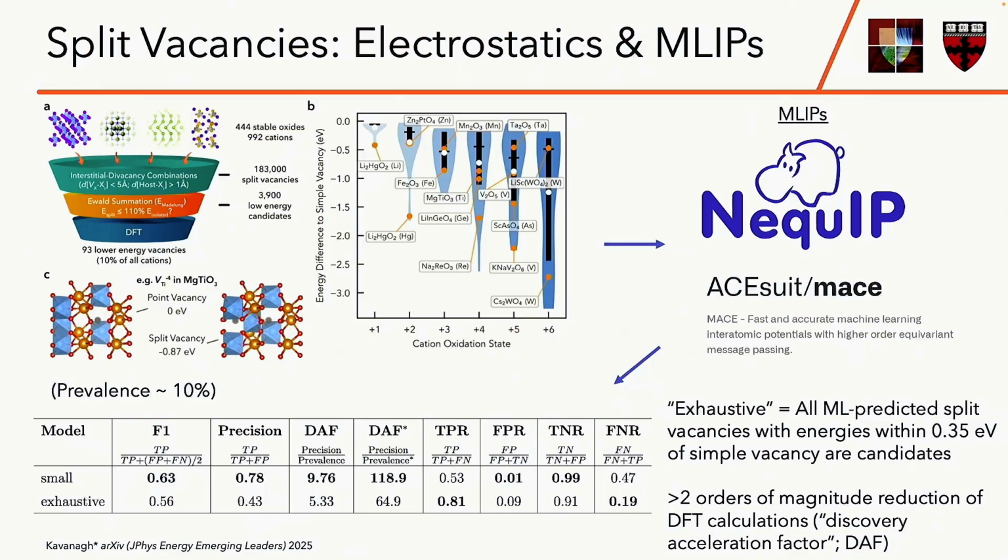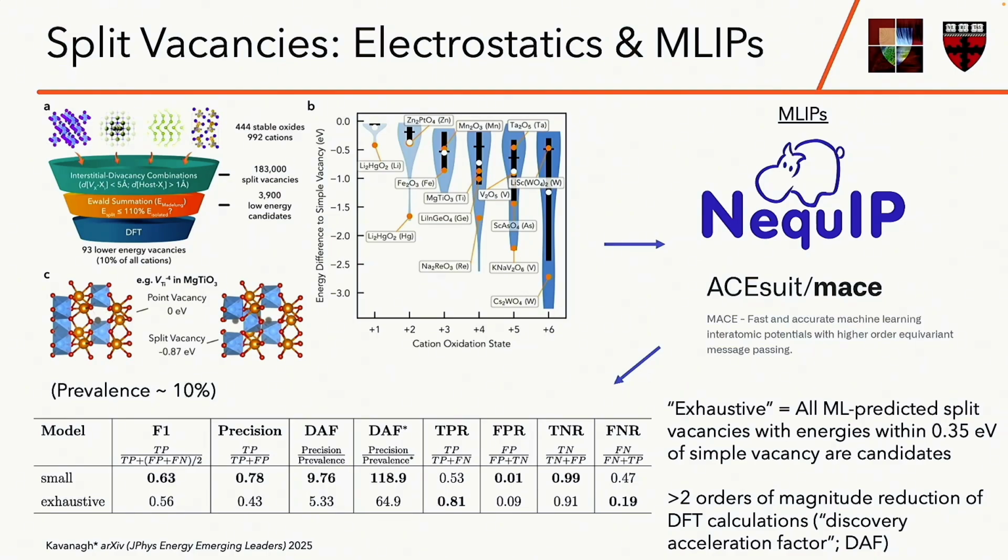It's just electrostatics with some strain effects and having minimal covalent bonding contributions or charge localization. So this suggests that machine learning interatomic potentials, which are trained on large data sets of DFT calculations, could be sufficient to actually predict their formation.